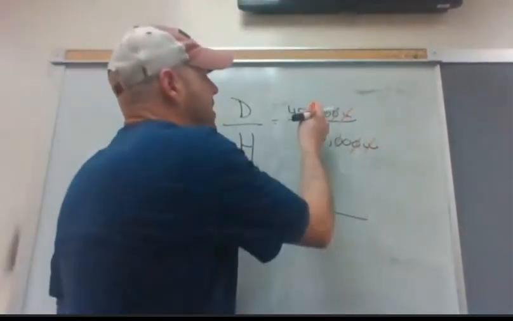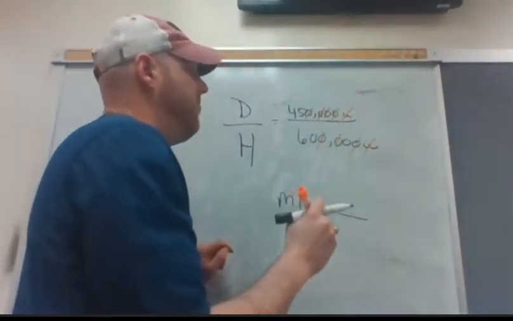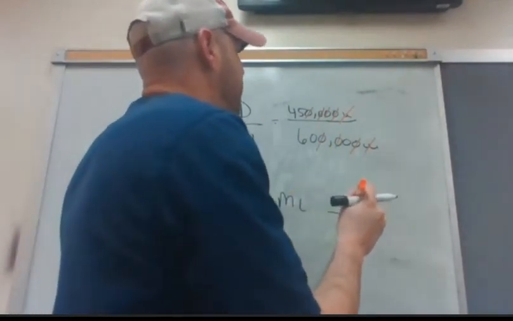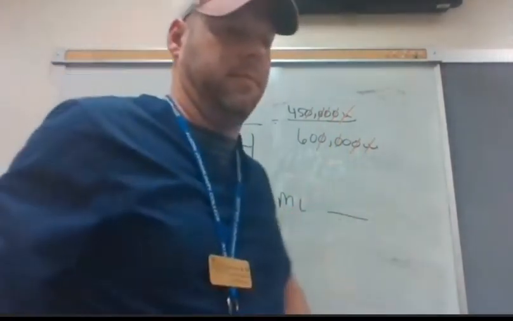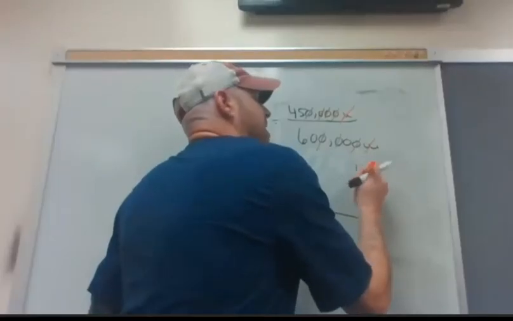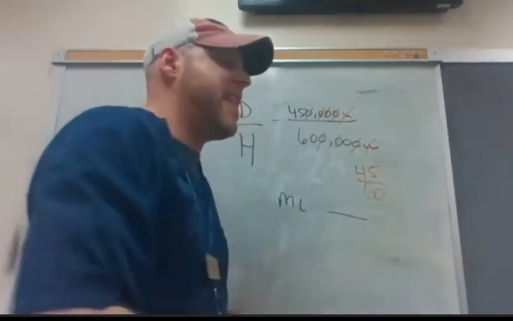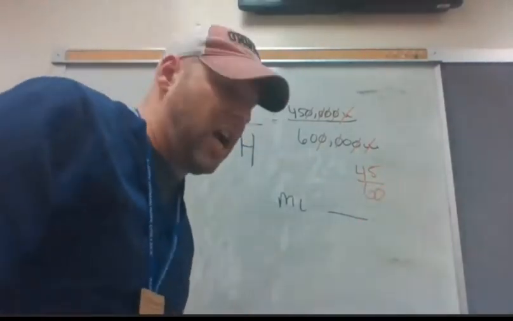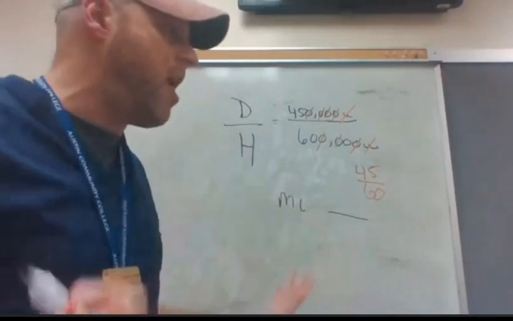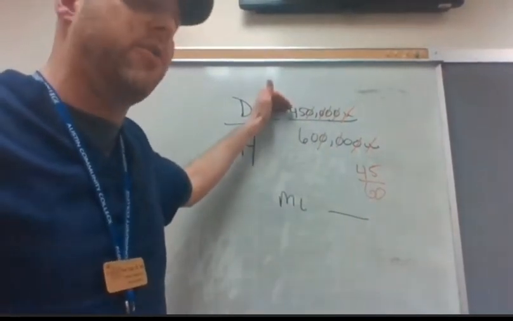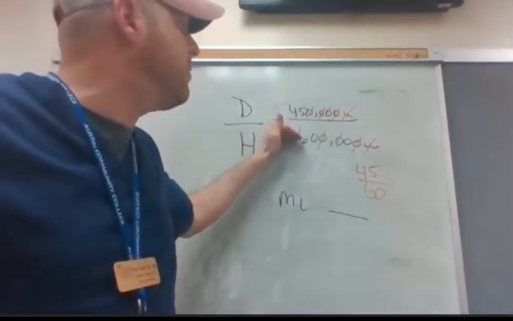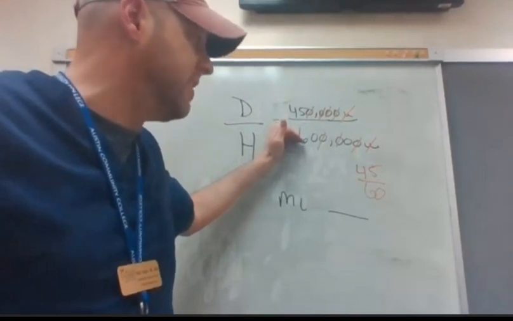Okay, I'm left with 45 over 60. So you can also do it that way, but if you don't want to remember that step, don't worry about it. Just enter the top number in your calculator first, divided by 600,000.